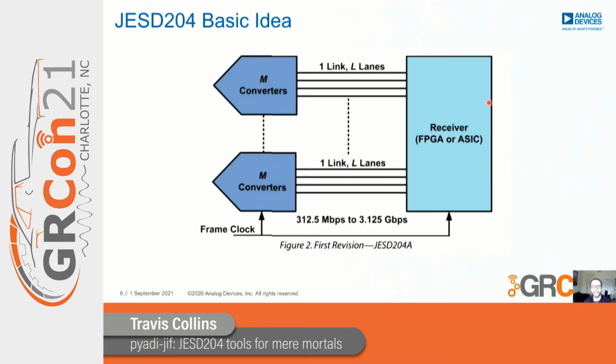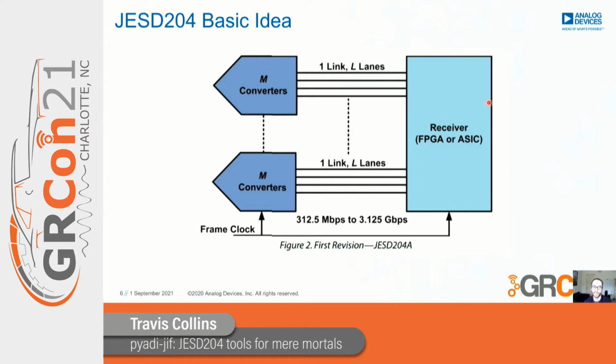Conceptually, looking at this in a bit more detail, JESD has what we call links, which are the connections between the data converter and the FPGA. A link will have a number of lanes, which are like the physical connections that go between the converter and the ASIC. If you have multiple converters, each one will have its own independent link.